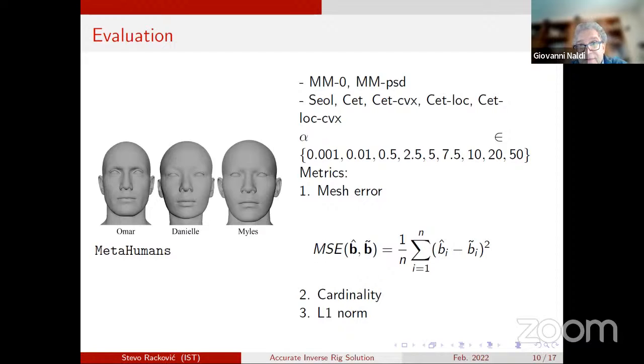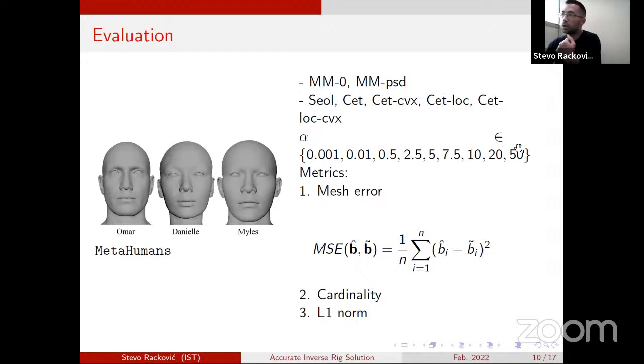Yes, so we don't really know what would be the optimal value beforehand. But the thing is that we noticed that there is not much difference if we take values that are below 2. So we can say that around 2 there is a point where regularization plays an important role.